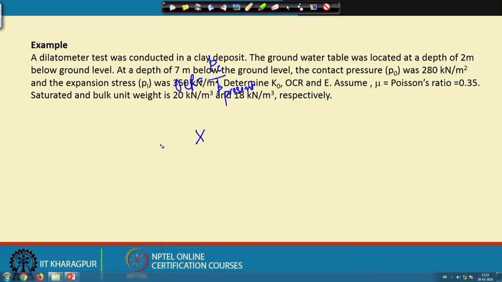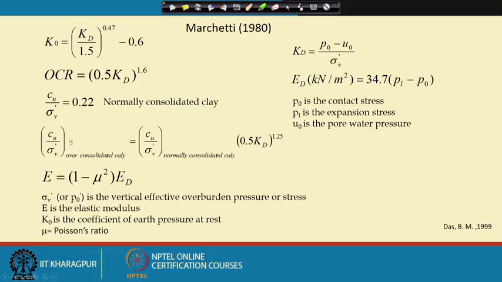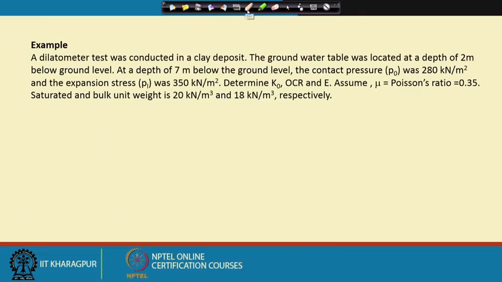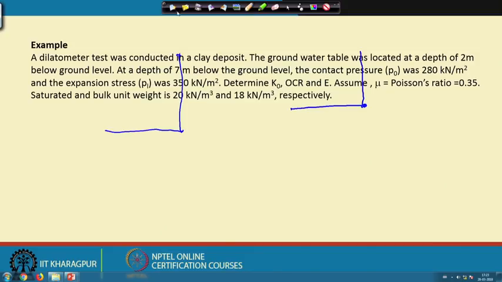So, we know the Kd expression is given. These are the expressions of Kd, Ed. So, we will use these expressions. I am just putting those values directly there. In the Kd expression, if I put the values, this is 280 minus the pore water pressure.